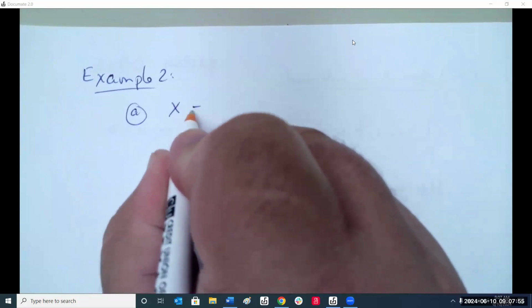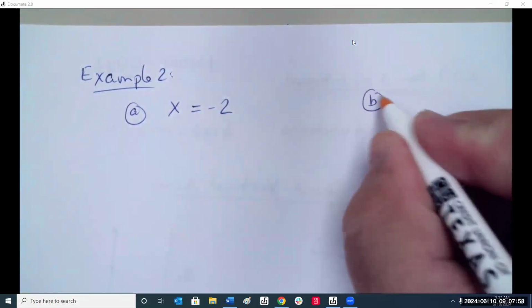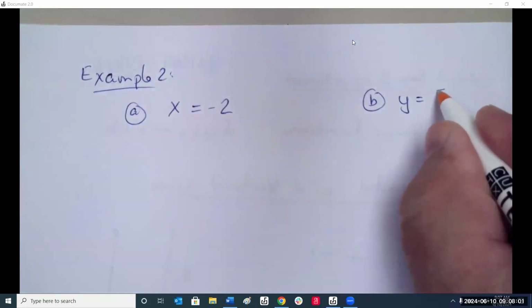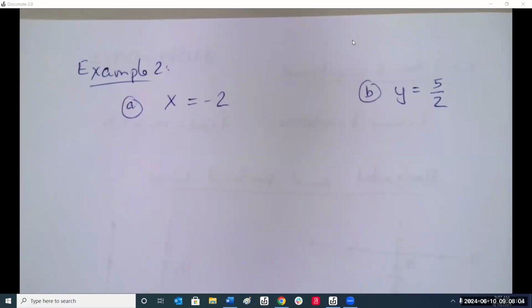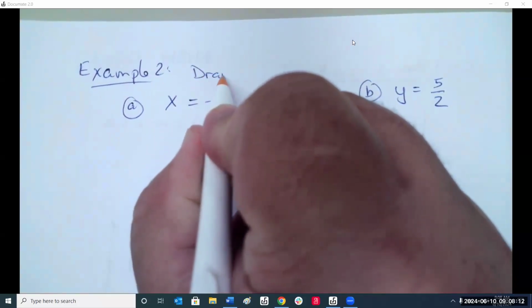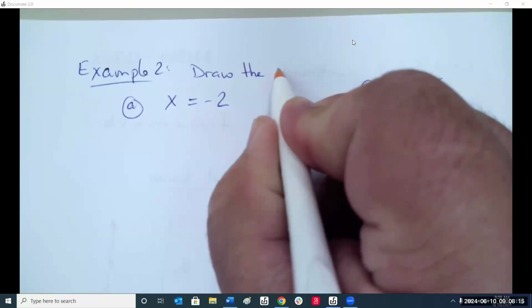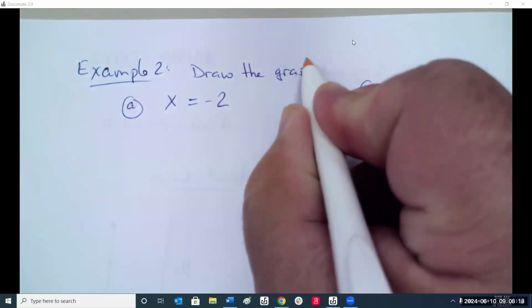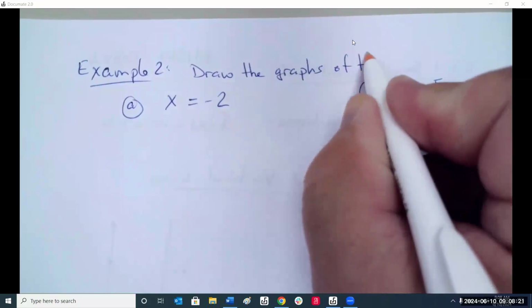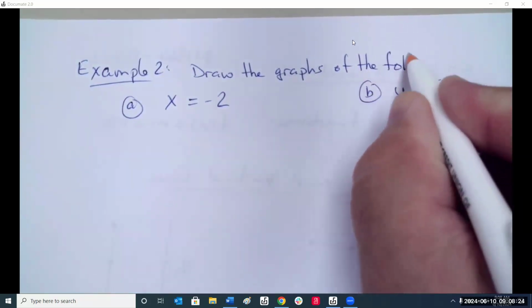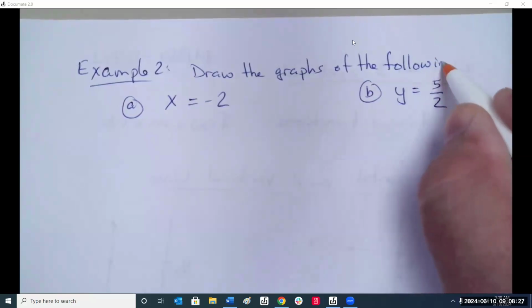So, like in example 2 in the sheet I gave everybody here, how would you draw a graph that looks like this? Or like this? Draw the graphs of the following equations.